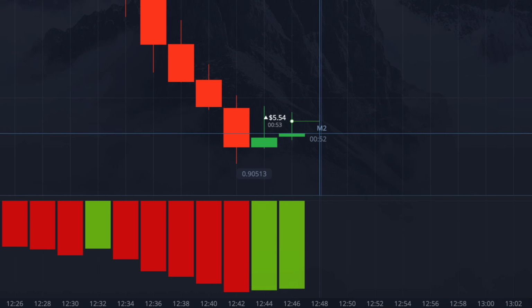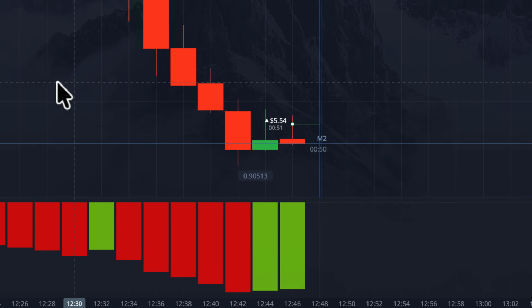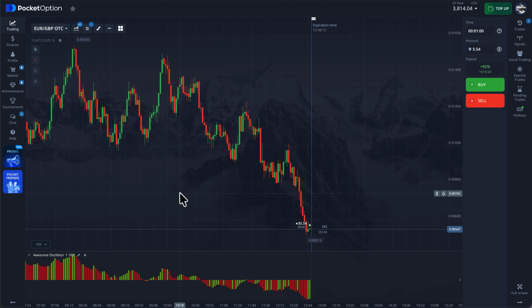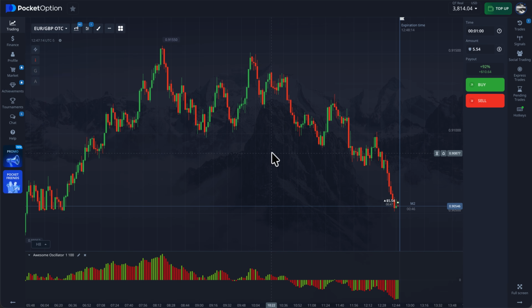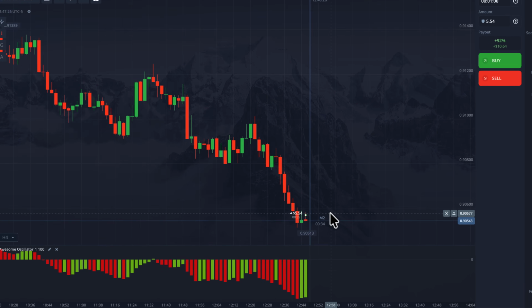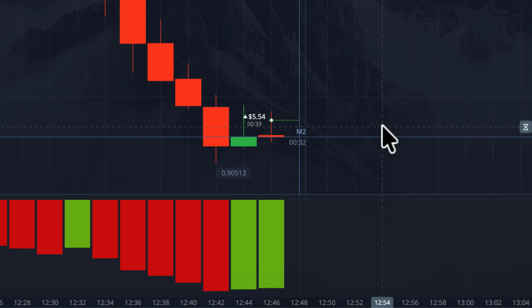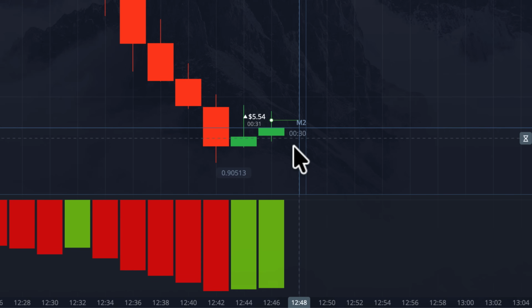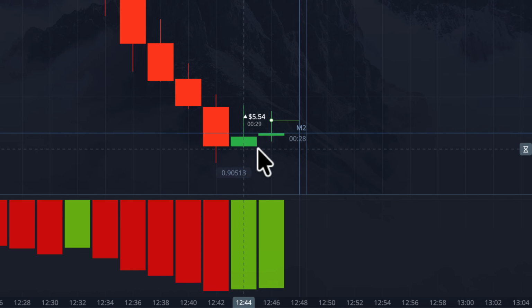We got a whole minute here. Are we going to get a rejection off of this level right down here? Probably easier to see if I increase the time frame, but I'm not going to do that. So let's just look at this. Let's just see what happens here. We've got 36 seconds to go. I'll zoom in here a little closer for you. Is it going to bounce? Is it going to bounce?